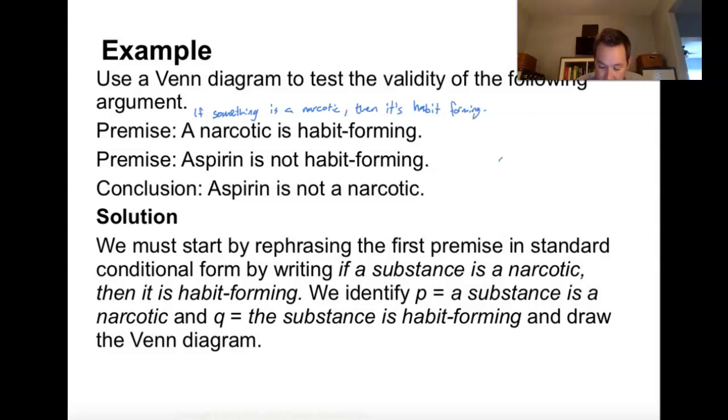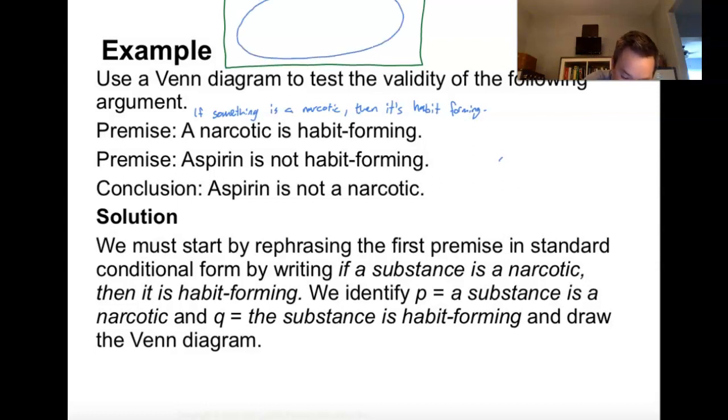All right, we can build our Venn diagram based off that. So here's my universe. So if something is a narcotic, then it's habit forming. So I'll do things that are habit forming.